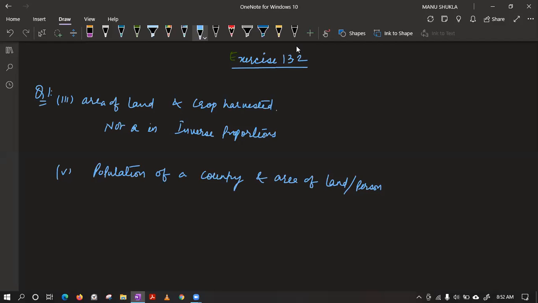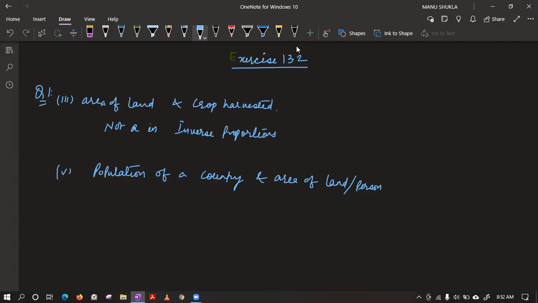Is this direct or inverse? Others please try whether this relation is inverse or direct. Please tell population of a country and area of land per person. If population increases, will area of land also increase or decrease per person? Please tell.